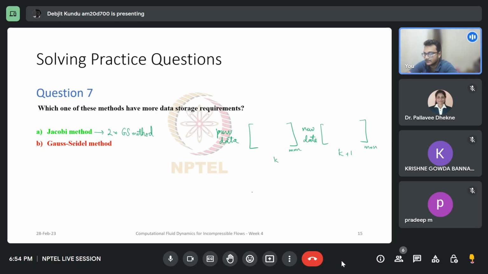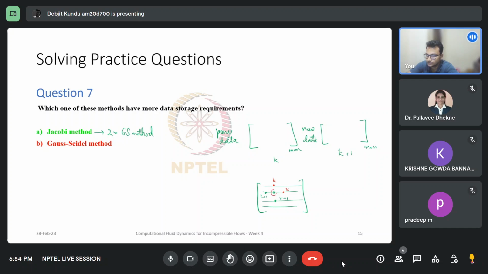But in Gauss-Seidel method, we have only one matrix, and we keep updating values as we go along. During each calculation, we use data points which we have already calculated, belonging to k plus 1, k plus 1, and we use those from the older one as well, from k and k.